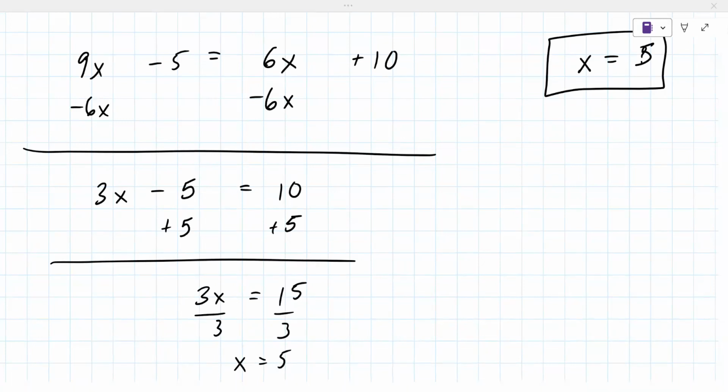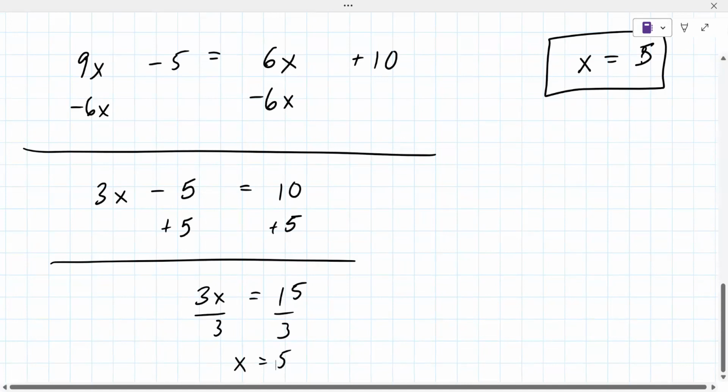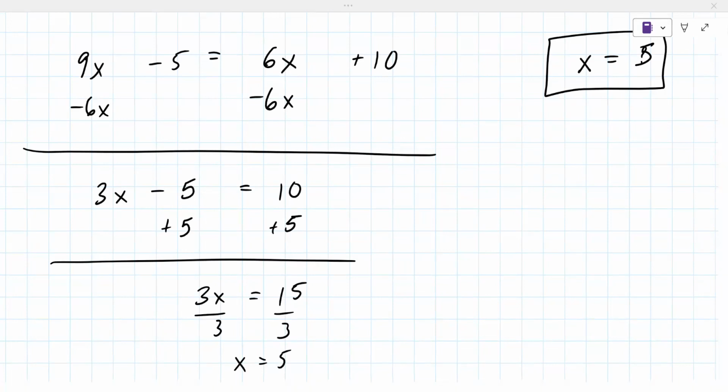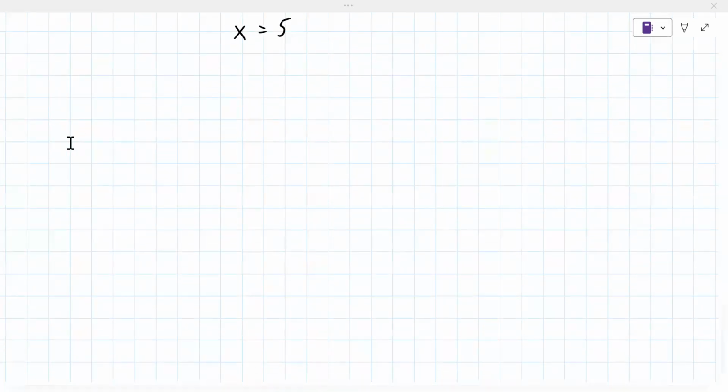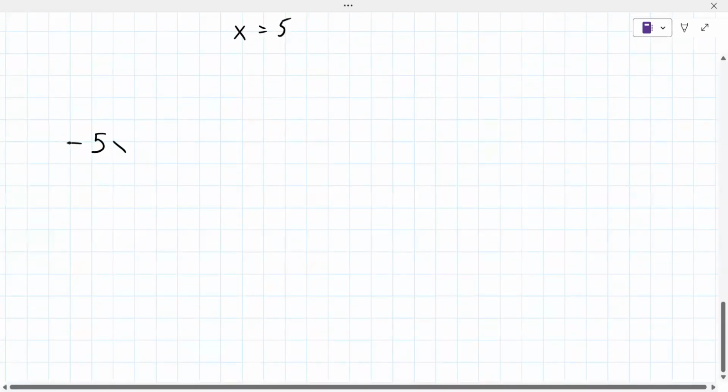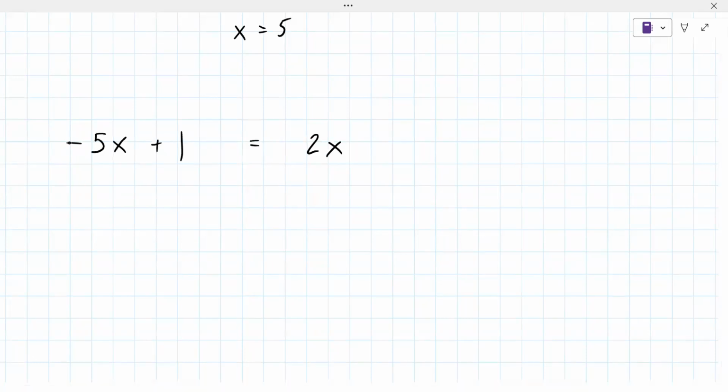Okay, so now the next type of problems we're working on is where there could be negatives involved. So you've got negative 5x plus 1 equals 2x plus 8, we'll say.